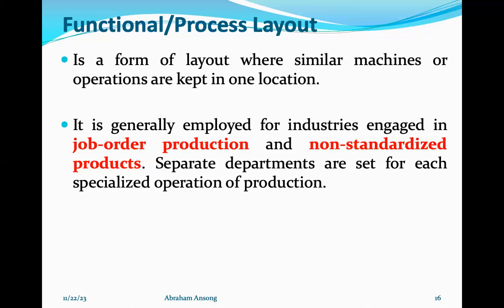Machines that will be needed for joining are brought together and placed under another department. Machines required for finishing and polishing are also brought together under one particular department or location.